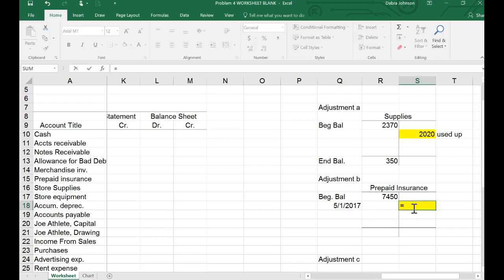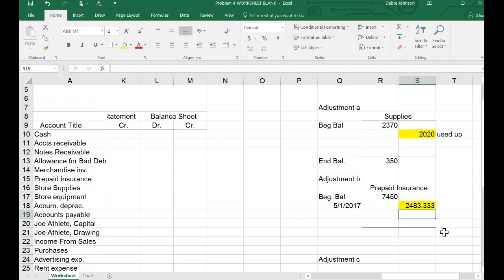So to compute the adjustment, we're going to take the $7,450 and multiply by the amount expired. In this case, 2 months out of the 6 months have been used up. That would be May and June. So when you calculate that either on Excel or on your calculator, we'll get $24.83 and some cents.